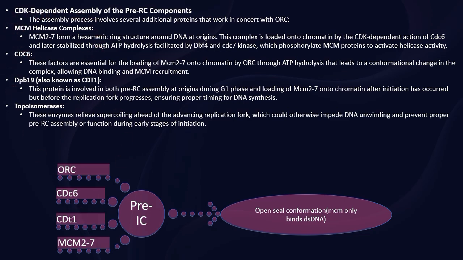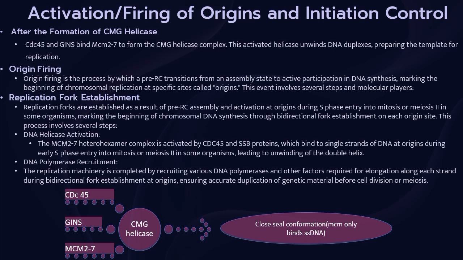Let's talk about the origin activation or firing step. This is the phase of the DNA replication initiation process where the origins finally get activated, or where the DNA replication of eukaryotes actually begins. Here, the primary aim of this process is the formation of CMG helicase, which stands for CDC45, MCM2-7 complex, and GINS.